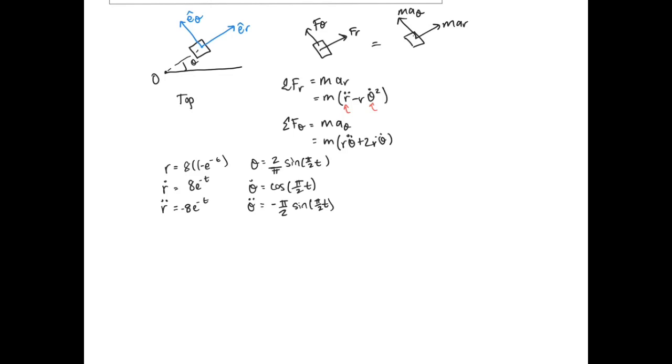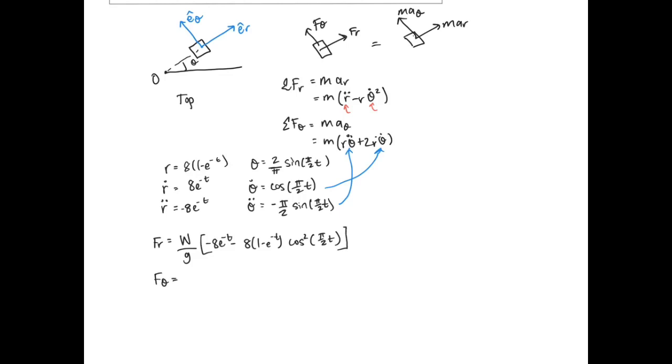Now all we have to do is plug these equations into the force equations. Force R is equal to, now we don't have a mass, so we use the weight divided by gravity, times negative 8 e to the negative t minus 8 times 1 minus e to the negative t cos squared of pi over 2 t.